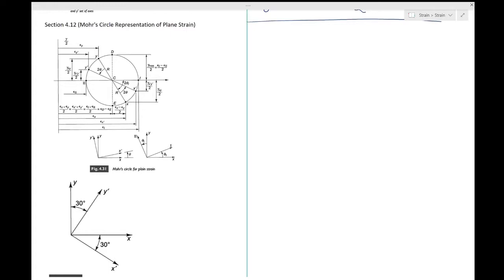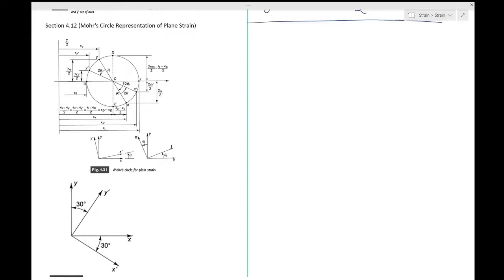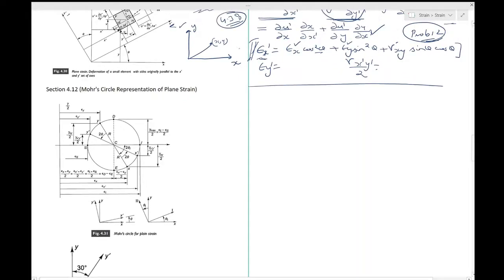So when you compare equation 4.41, which is this transformed equation, with equation 4.25, let's see what 4.25 was. So 4.25 was about the stresses. Yes, so when you compare 4.41 to 4.25, this was about the transformation of strain, this was about the transformation of stress.